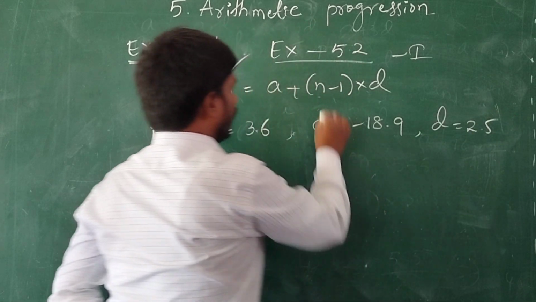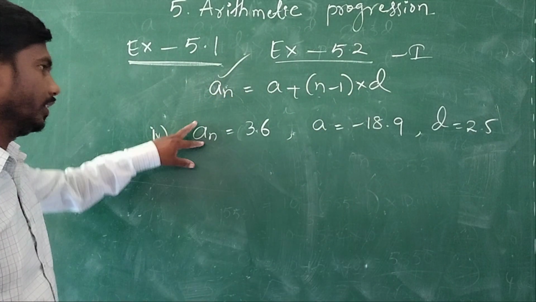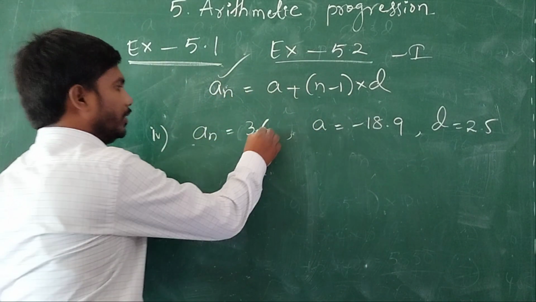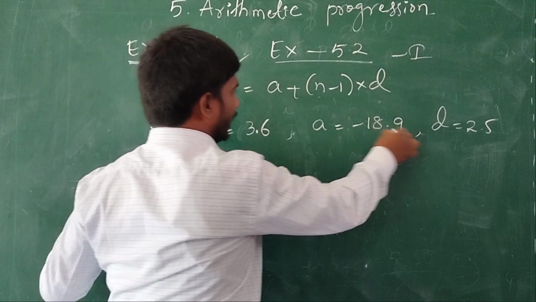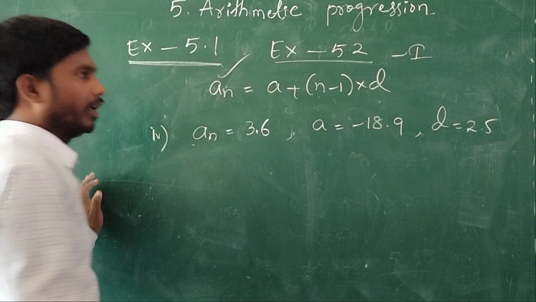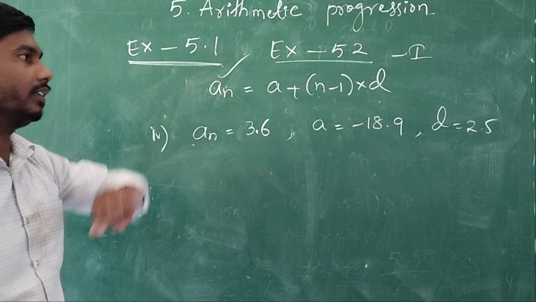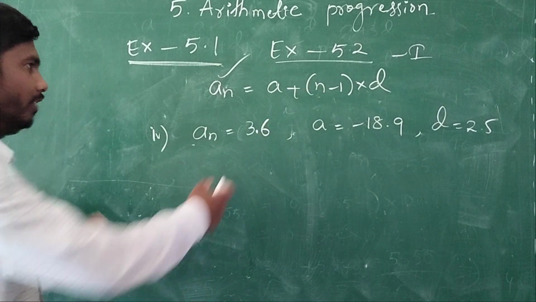He is asking how many terms are there in that series. The an value 3.6 is given, a value 18.9, d value 2.5 are given. He is asking to find the number of terms, the n value.